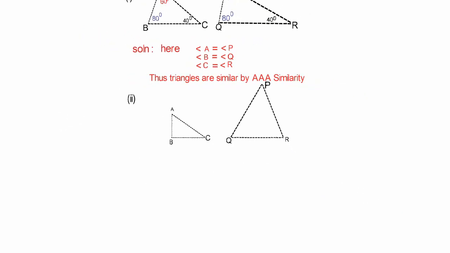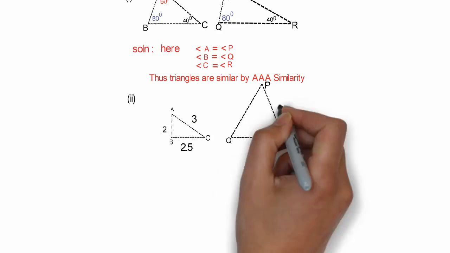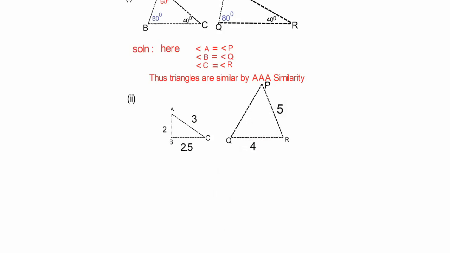Now here AB is given as 2 units, BC is 2.5, and AC is 3. QR is 4, PR is 5 and PQ is 6 units.